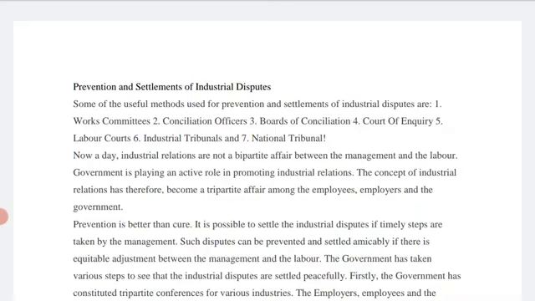And if the union leaders are that aggressive, what will they do then? Yes, they will call for tool down, pen down, such type of things. And yes, the employees do stop working.